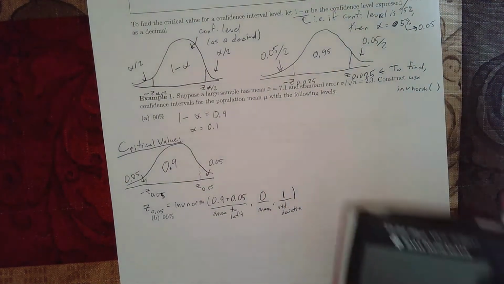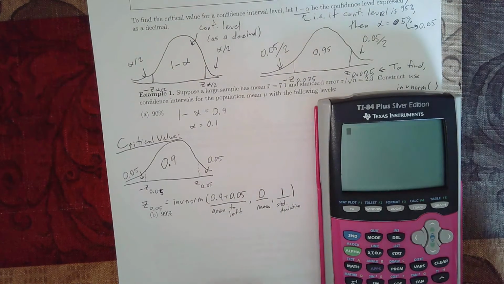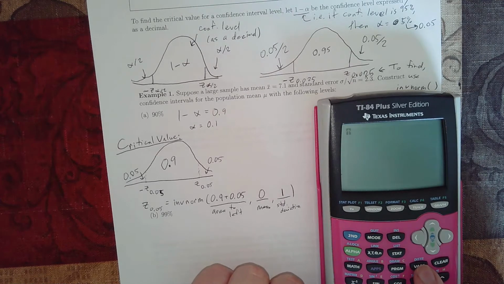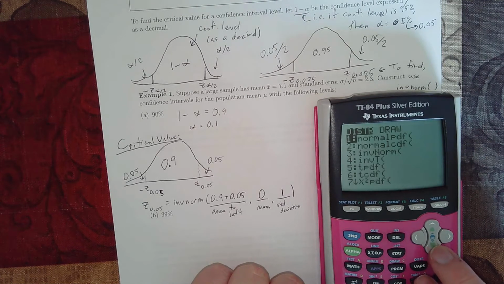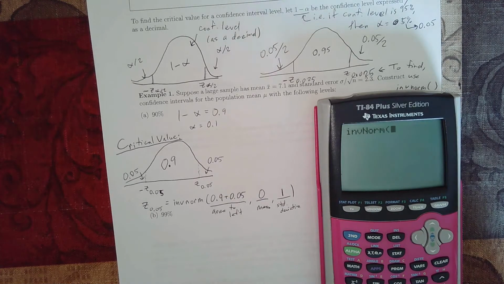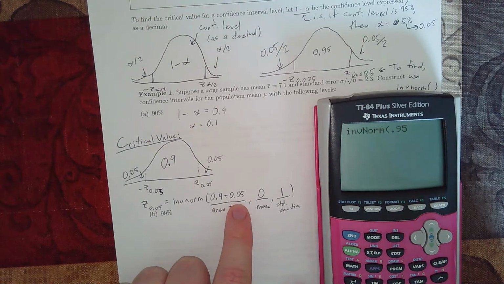Just a little bit of a reminder, if you're on, say, a TI-84 Plus, we want to go to second, and then above vars is distribution, and we want inverse norm. That third one, invNorm, and then we want to put in 0.95, or 0.9 plus 0.05, 0, and 1.